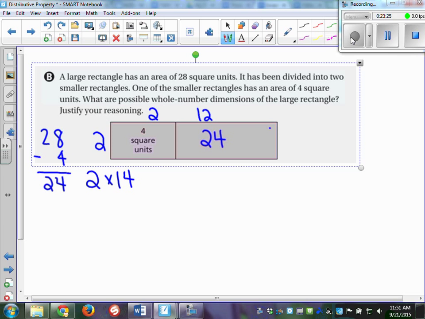I can think of this as 2 times 2 plus 2 times 12. Or I can think about this as 2 times 2 plus 12. And that would also be another way that I could get my answer. Okay? All right.